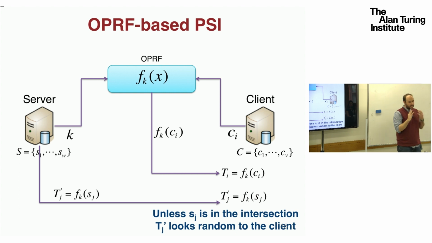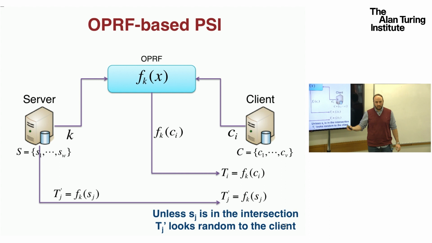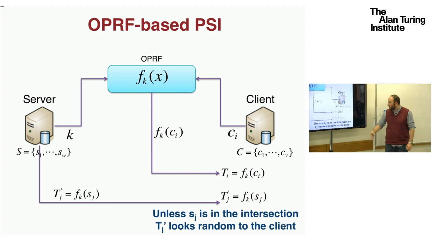So the client cannot learn anything about s_j. And it cannot check offline, like it could with the solution based on hash functions, because it doesn't have k. Unless it inputs the value here, it cannot check.